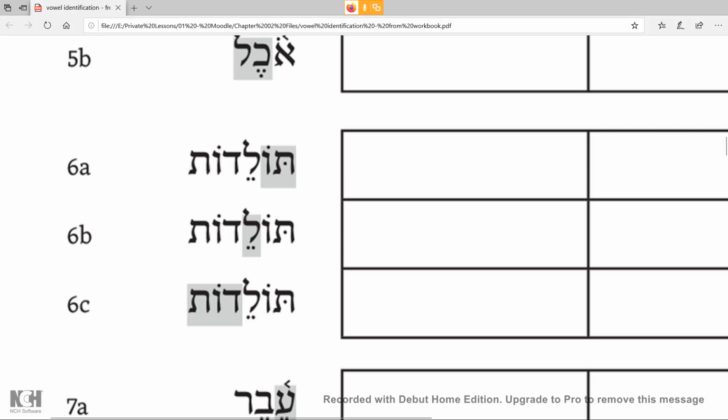So that starts with a Dageshlene, is it right? Yes. Dageshlene is this one. And a Holam Vav, and a Sere, and another Holam Vav. Okay, so the first syllable is this one. How would you read that one syllable, this one? I don't know if you can see my mouse. I can.